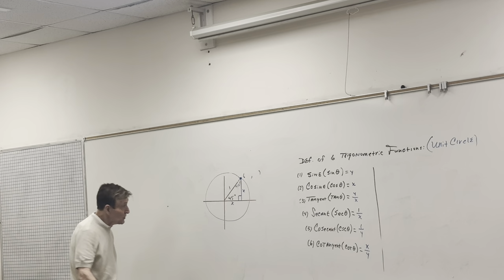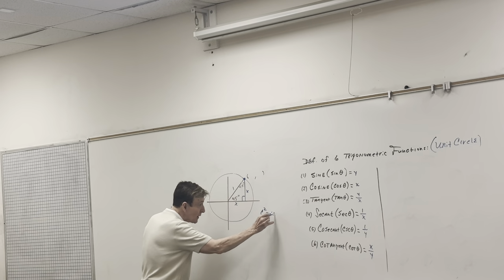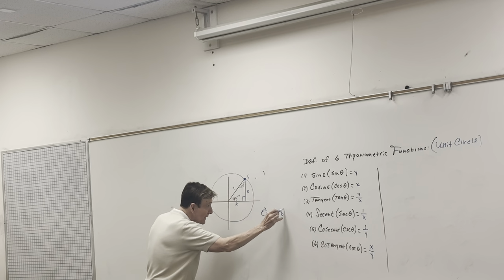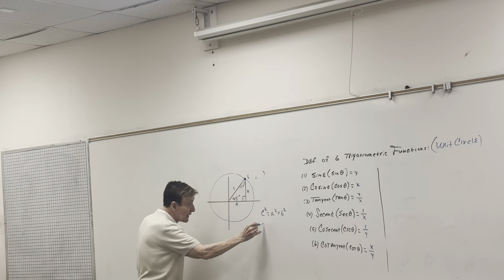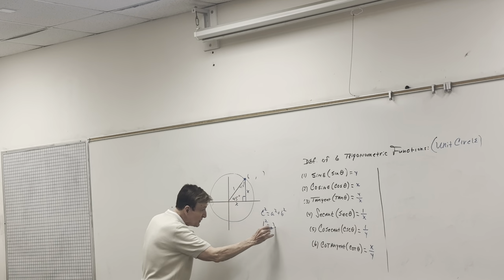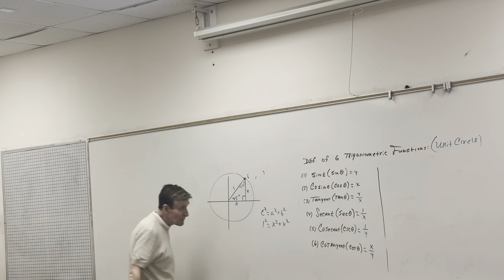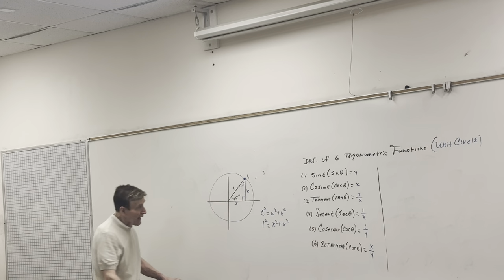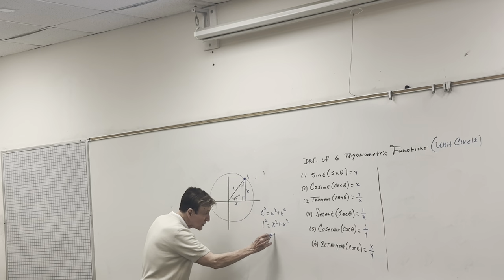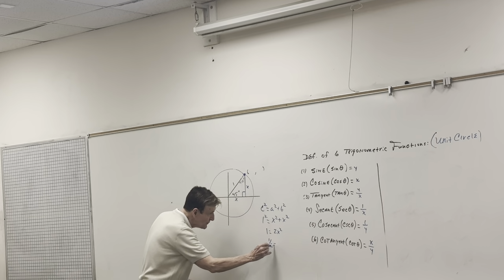On the side here, if I use the Pythagorean theorem, which I can for a right triangle, this one's going to be a little easier. I'm going to get 1 squared, that's hypotenuse squared, equal to the other two sides squared, and they're the same. I got 1 equals, collecting like terms, 2x squared, divide by 2, no problem.